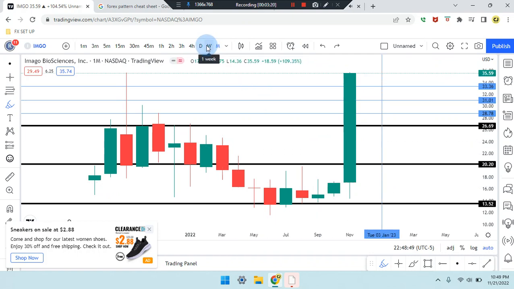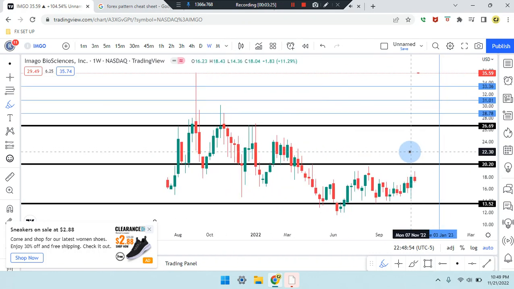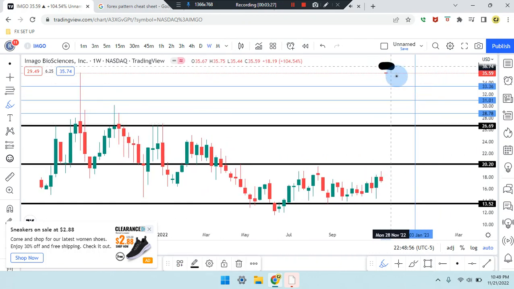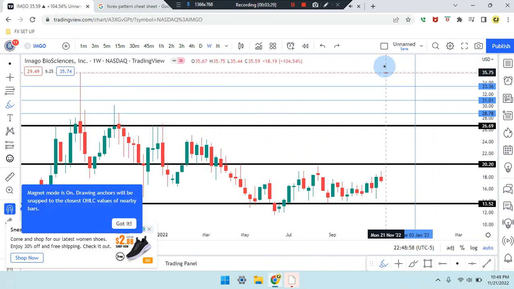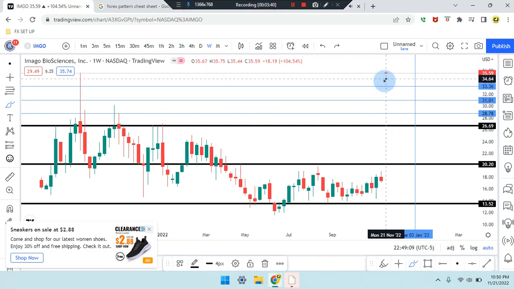Headed down to the weekly time frame. Price action on the weekly time frame is reading as a bearish red candle, more like a doji. A little bit of wick up to the top, a little wick to the bottom. Also we can see that the market did receive a huge gap in the market.